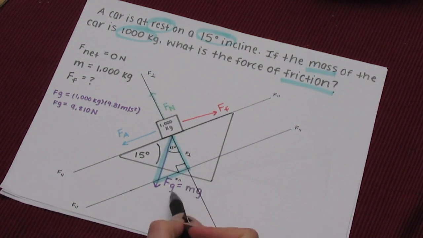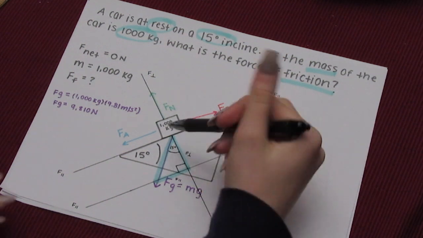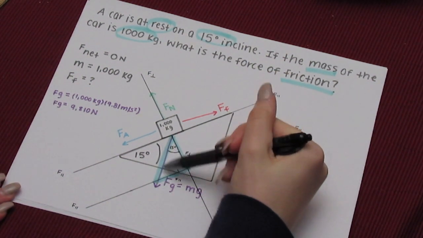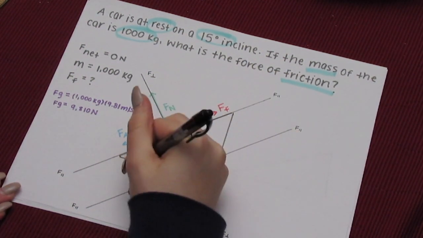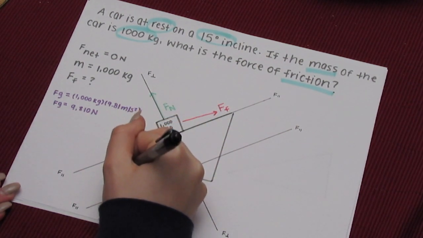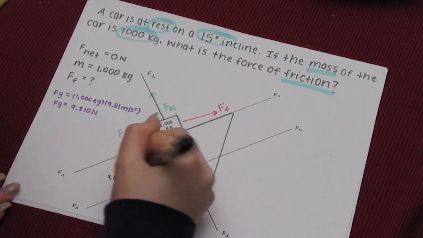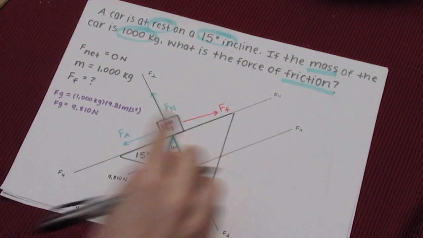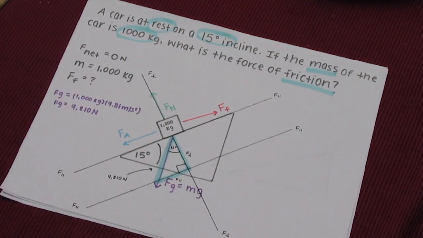Since the force of gravity was 9,810 newtons, and your force of gravity was this arrow, you can label this arrow 9,810 newtons. So now you have a side to work with and an angle to work with in your triangle.